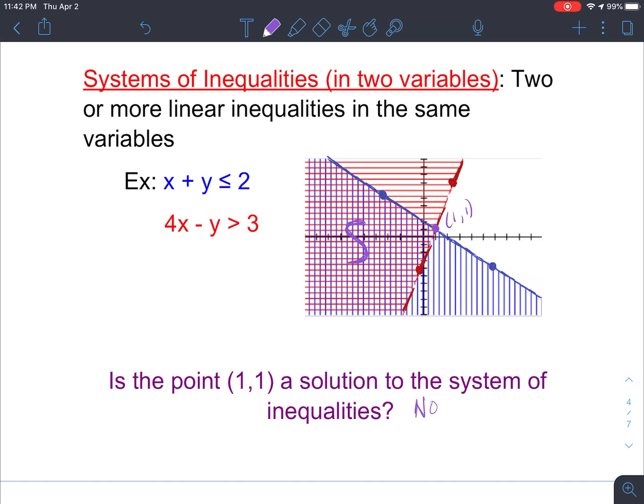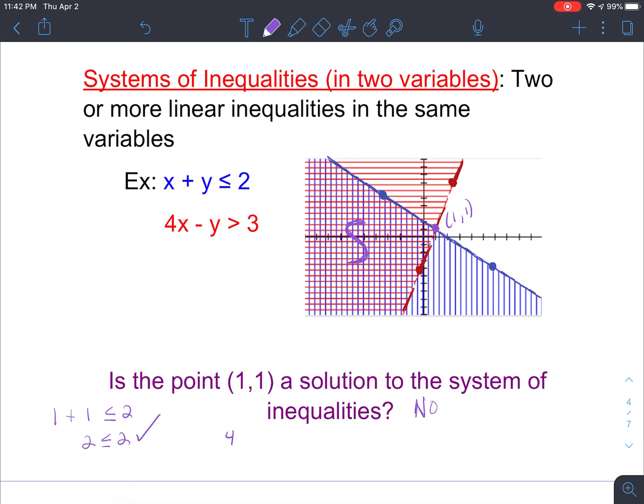But if you were unsure, we could check this by plugging it into the inequalities. So (1, 1): x plus y has to be less than or equal to 2. Well, 2 is less than or equal to 2 because it is an or equal to. We should have expected that because it falls on the blue line.